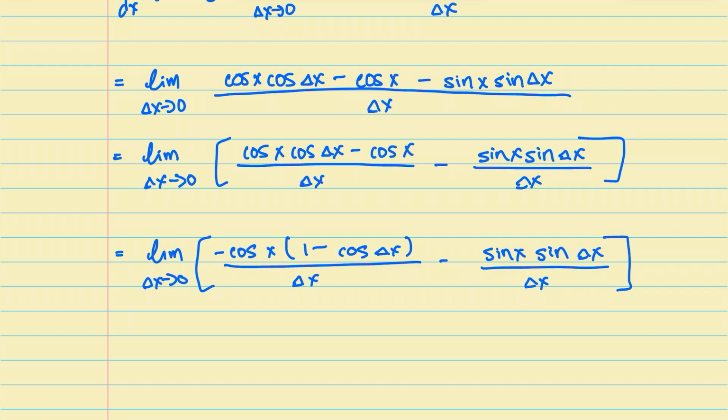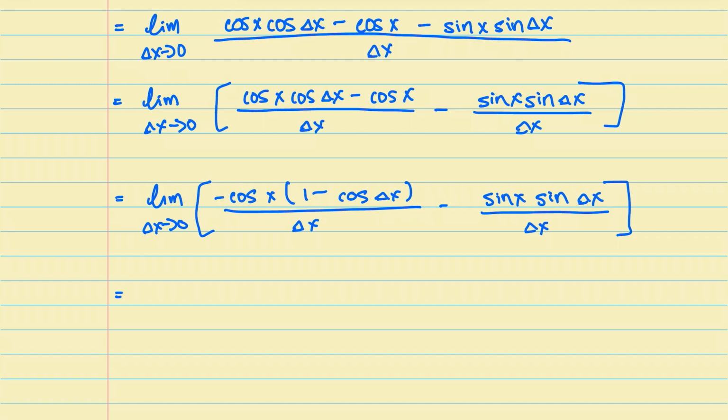Now that we have this form, let's see if we can rewrite our fractions as a product of terms. We'll have the derivative of f of x equal to the limit as delta x approaches 0 of negative cosine of x times 1 minus cosine of delta x divided by delta x.